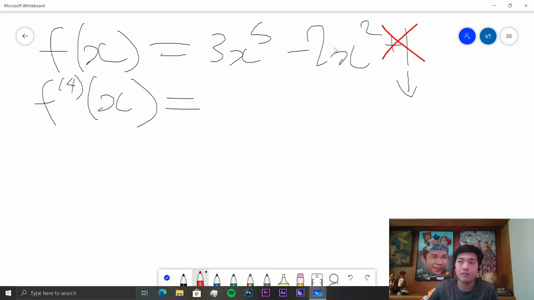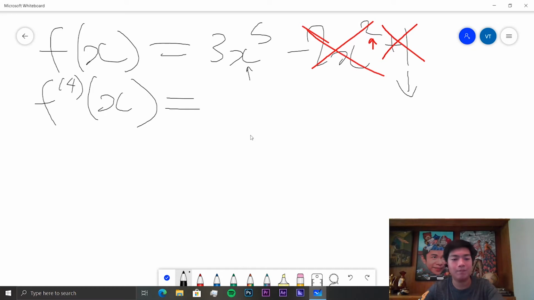After three derivatives, the negative 2x squared term will no longer exist, since if the power of x is a positive integer, eventually it will get removed from the derivative. And so after four derivatives, the only term remaining will be 3x to the 5. So let's just find the fourth derivative of 3x to the 5.